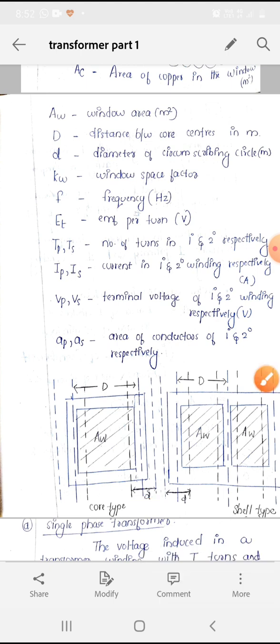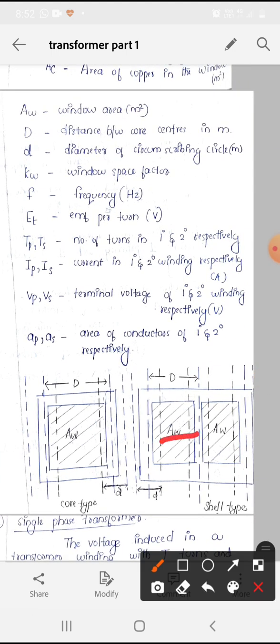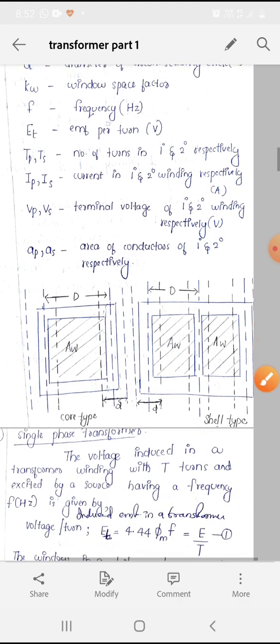And for the shell type, this is Aw. Aw is the window area and small d is the diameter of circumscribing circle, and capital D is the distance between core centers in meter. You have to learn this figure also and also the notations clearly.